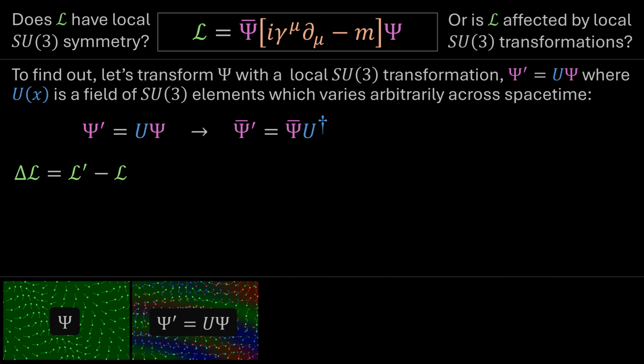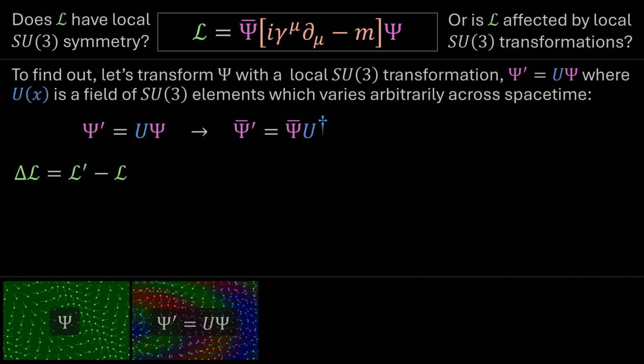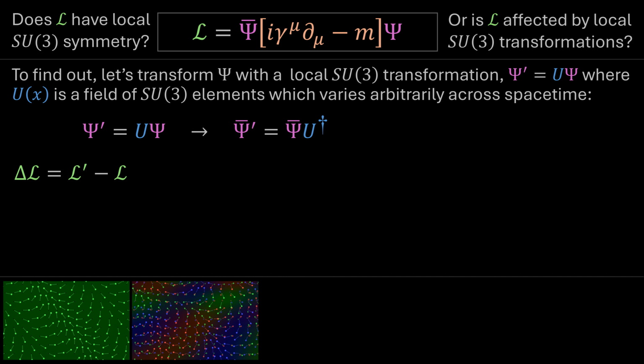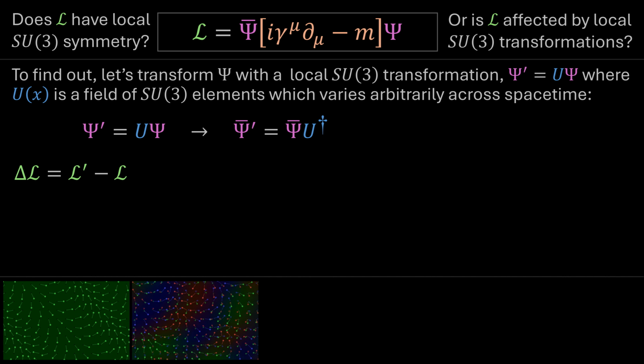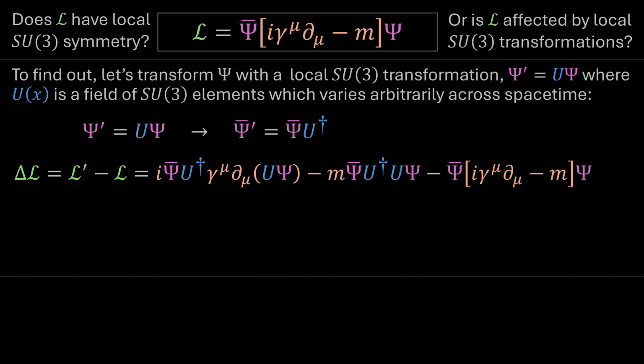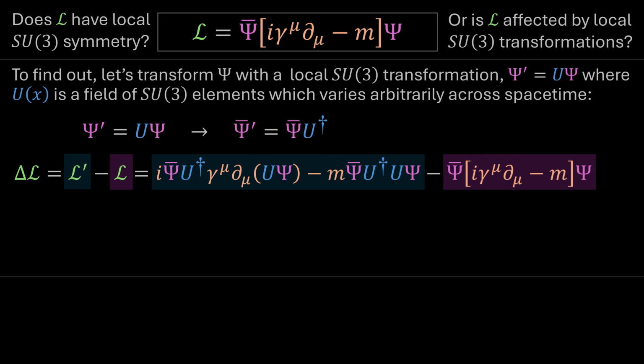But if delta L is non-zero, then our Lagrangian does not have local SU3 symmetry. So we can evaluate this by writing out the transformed Lagrangian minus the original Lagrangian. Notice that in the transformed Lagrangian, all we've done is we've replaced psi with U psi, and we've replaced psi bar with psi bar U dagger.